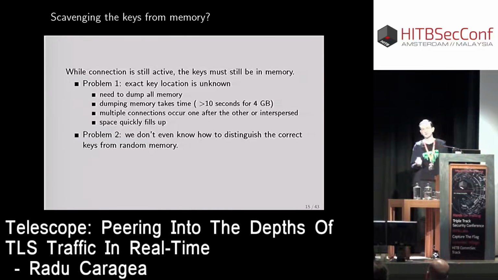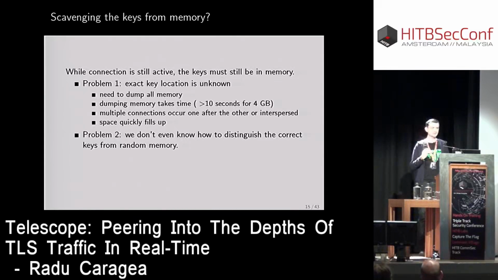We can apply Volatility on it, and it will take a lot of time. We want to do it in real time, right? How are we going to distinguish correct keys from that memory dump from garbage? Well, these are our problems. We solve them, each and every one of them, quite elegantly, actually.